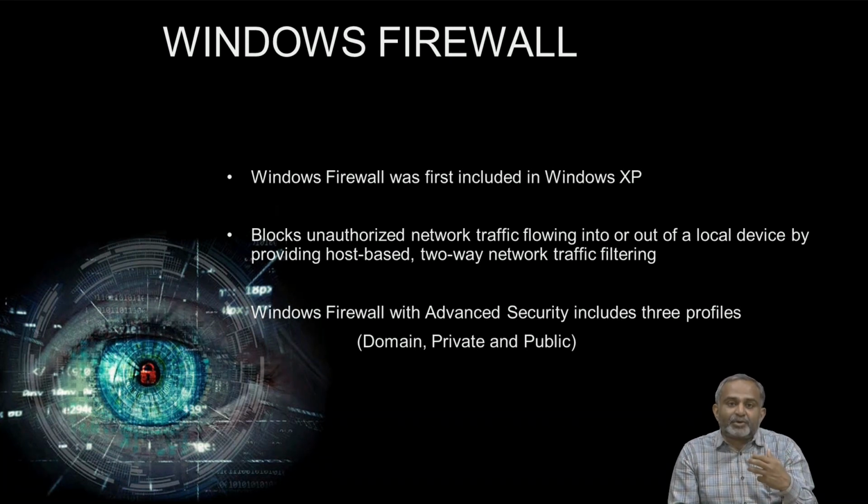So these are the rules that have already been configured in a firewall, and based on these rules the firewall allows or blocks particular network traffic. Furthermore, with the advanced security, Windows firewalls nowadays come with three profiles.